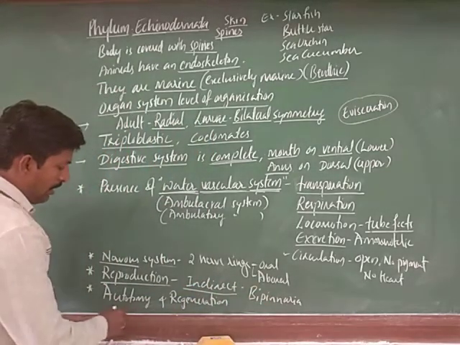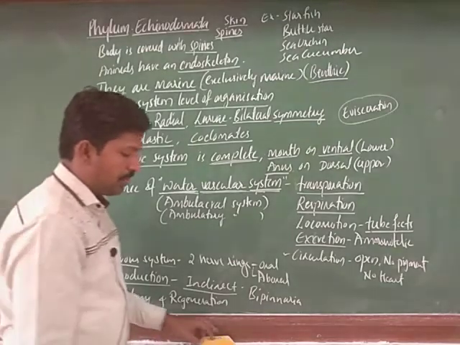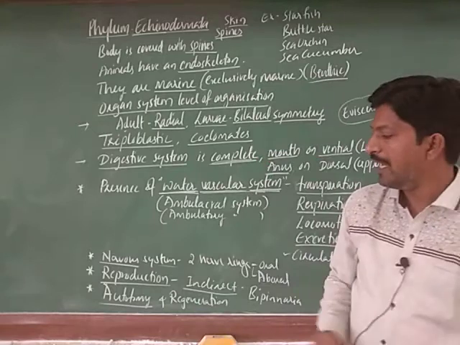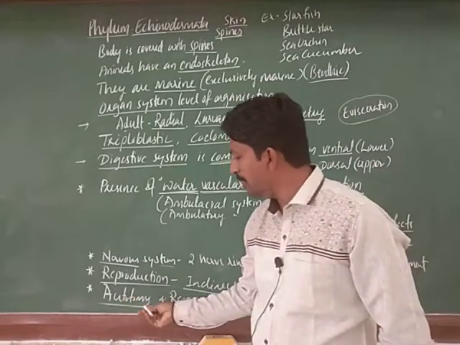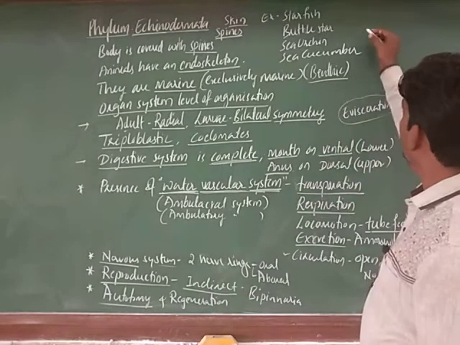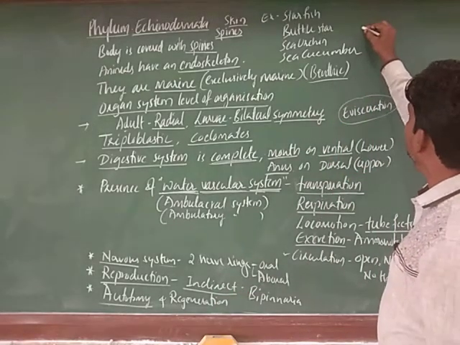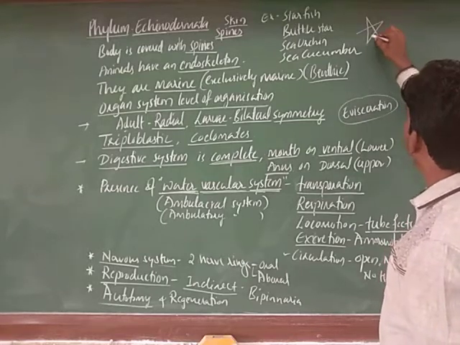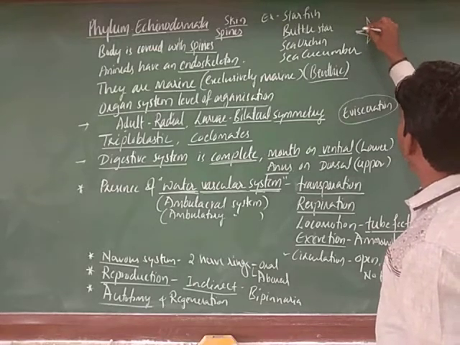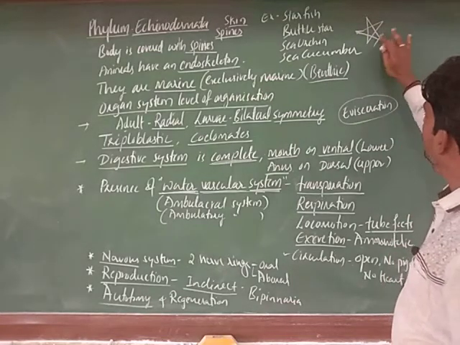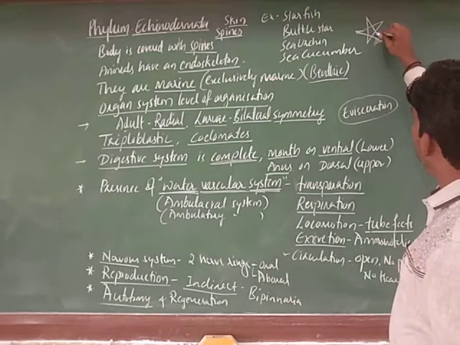Next, here one more special feature which we observed, that is autotomy and regeneration. Autotomy means what here? So, I will take the starfish here. You can consider this a simple diagram. For example, this arm is cut off by itself, and this arm is redeveloped.